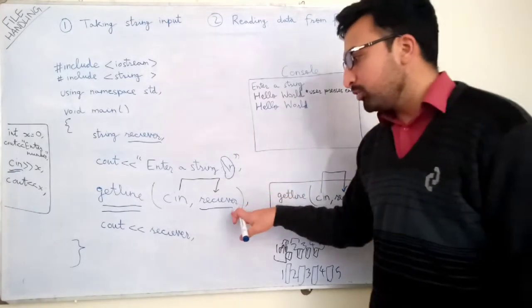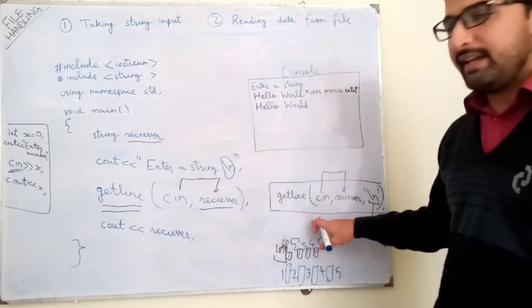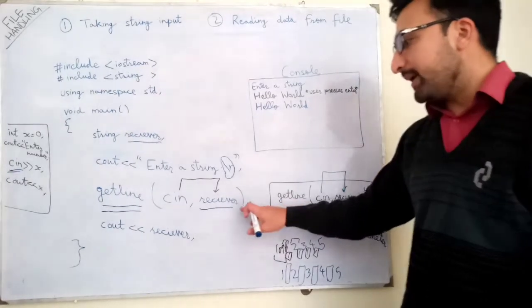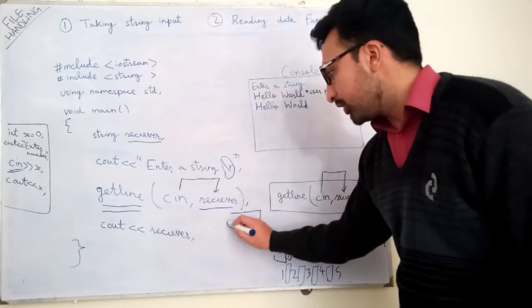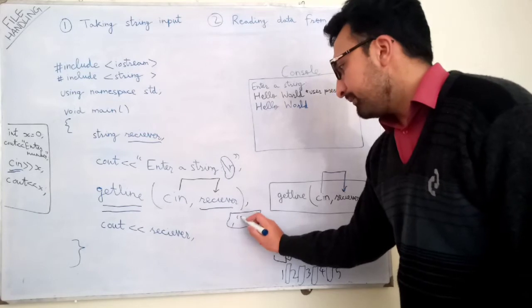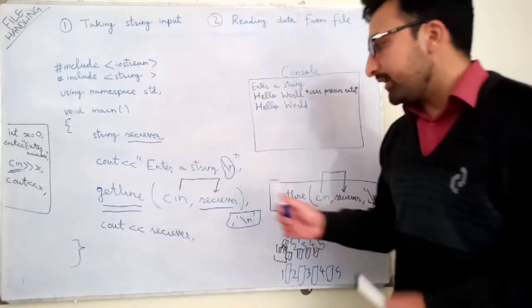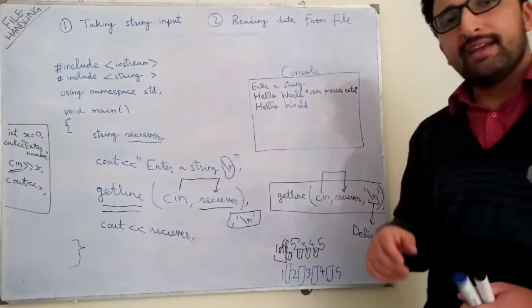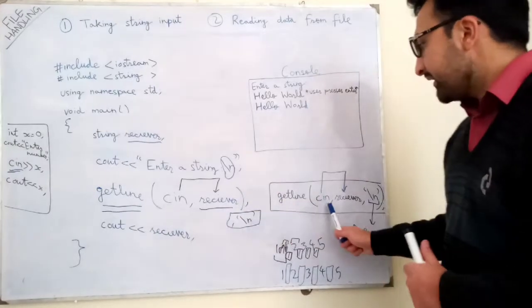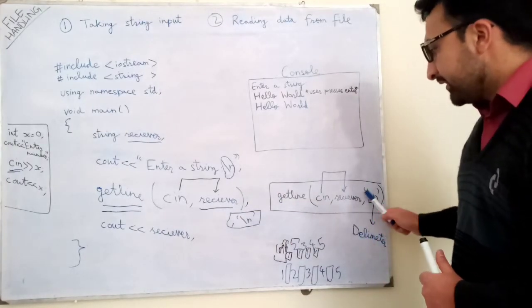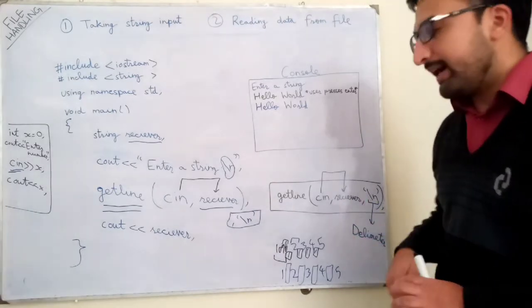By default, if we do not write any delimiter, this statement and this statement are equal. It means that by default the third argument that was here was \n. That is why we have not written \n here and got away with it. It is just like writing cin in receiver in single inverted commas \n, that is basically a delimiter by default.